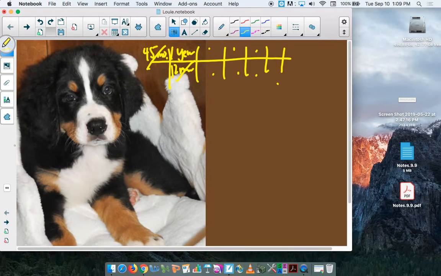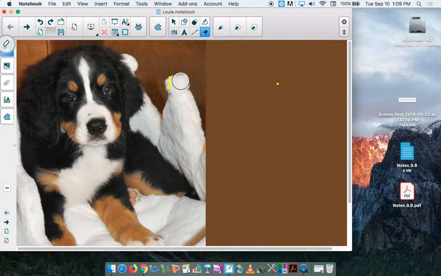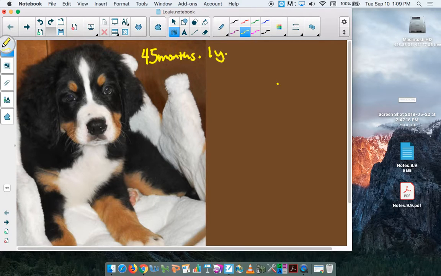So let's do the first example together, okay? Our goal is to change 45 months to years. So I'm going to write down 45 months, and then I've got to eventually get to years. This one's going to go pretty fast because I know 1 year has 12 months. Oh, by the way, you need fractions, so put this over 1.